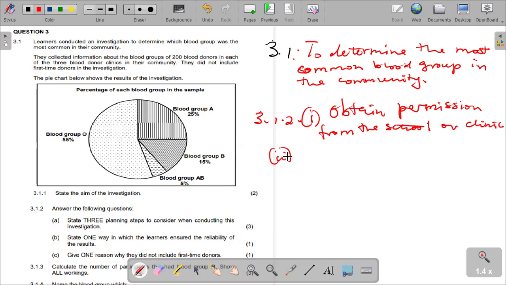Decide on the sample size. Deciding on the sample size, obviously, as you can see, groups of 200 donors, we are saying blood donors.